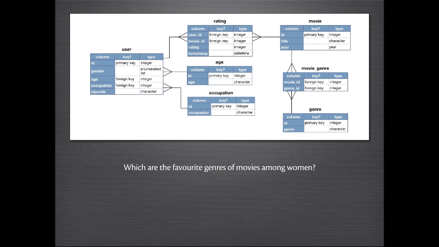Now, in this case, we called that table movie_genre. Now, it doesn't correspond to a real-world entity. All these other tables map to a real-world entity, but that one doesn't. And it needs to be there because otherwise we can't manage the many-to-many relationship between movies and genres.